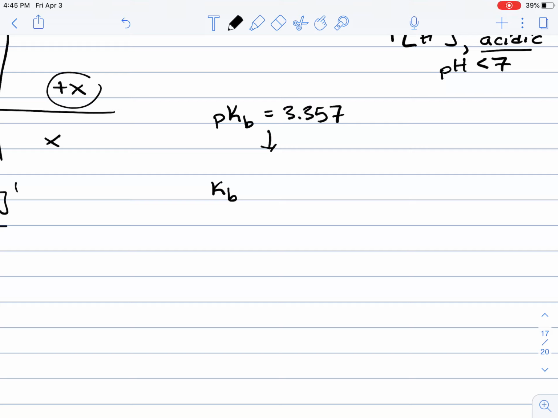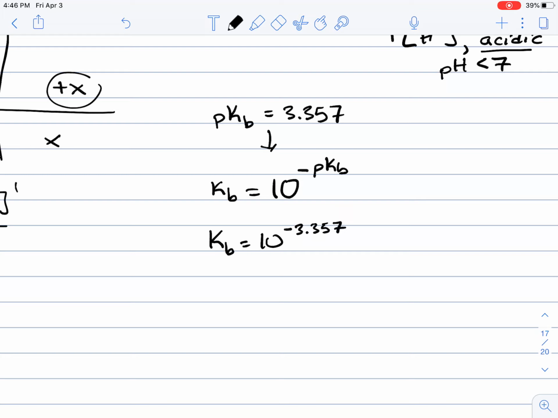And so to determine the Kb, we're going to take the base 10 of negative pKb. That's one of the equations that we went over in prior videos. And so therefore Kb is equal to 10 to the negative 3.357.